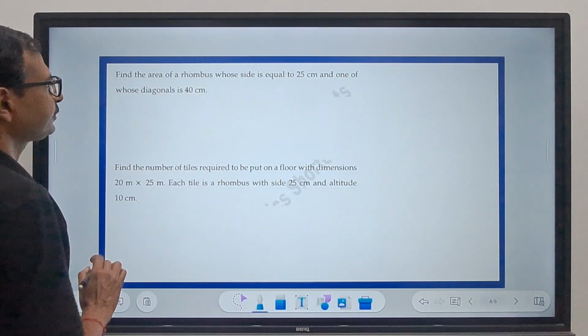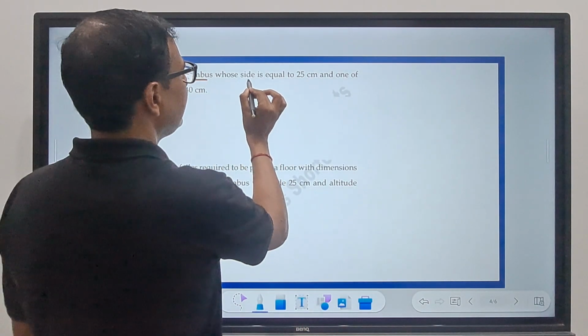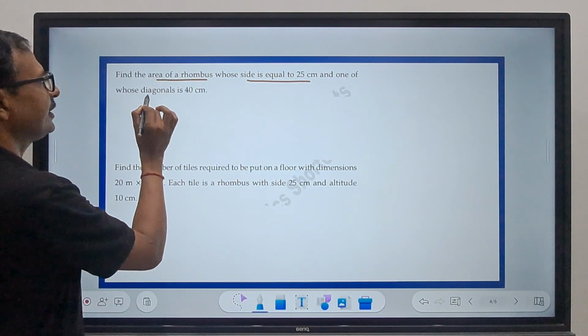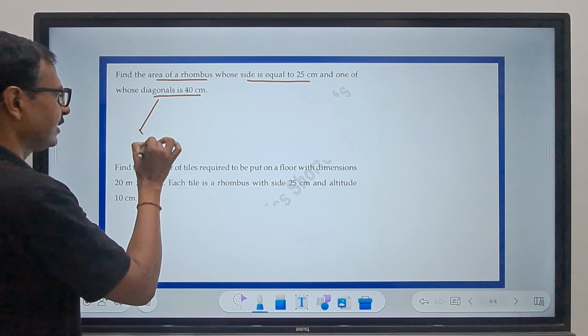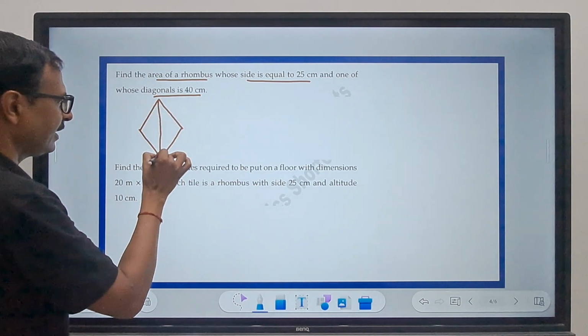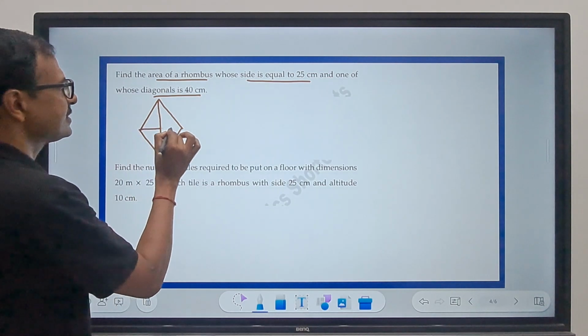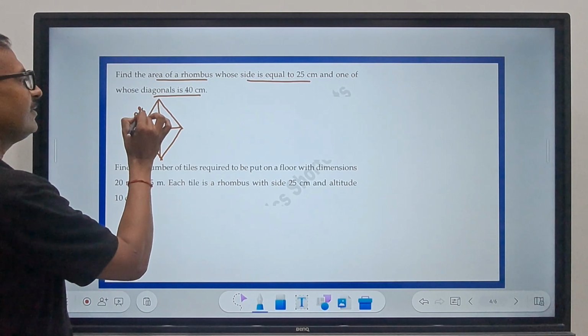Let's see this one. Area of the rhombus, right? So each side is equal to 25 and one of the diagonals is 40, right? So if you have a figure like this, a rhombus, and this diagonal is 40 and this diagonal we don't know, the side is 25. So this is 25.